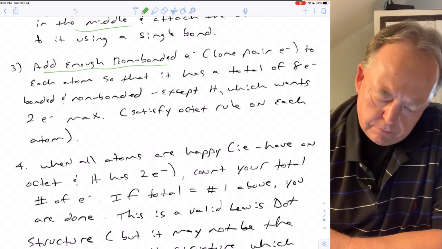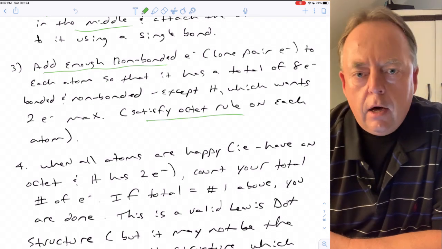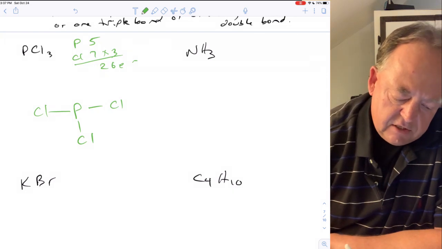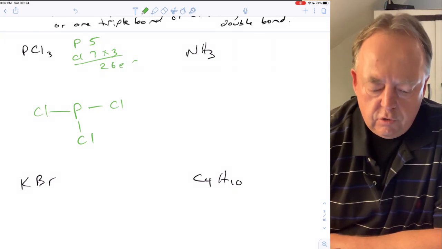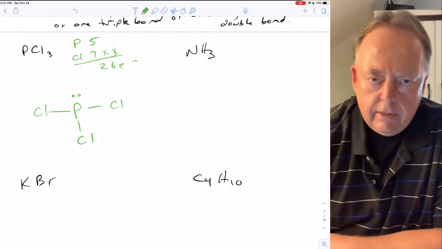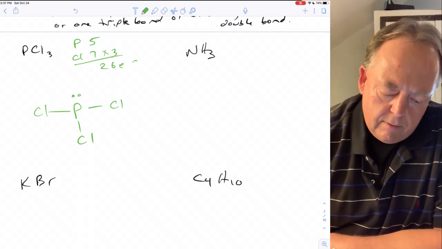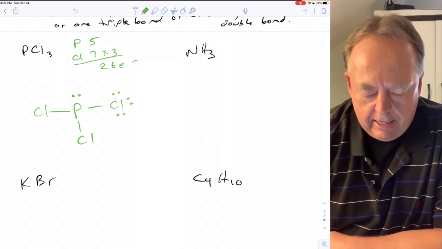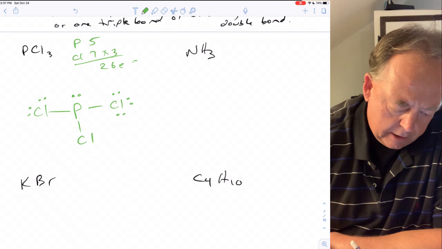So we're going to satisfy what's called the octet rule. So phosphorus has, each bond is 2 electrons, right? So it's got 3 bonds, so that's 6 electrons. So it needs 2 more to make 8. Chlorine has 1 bond, so that's 2 electrons, so it needs 3 lone pairs. So now that has 8, and this one would have 3 lone pairs.